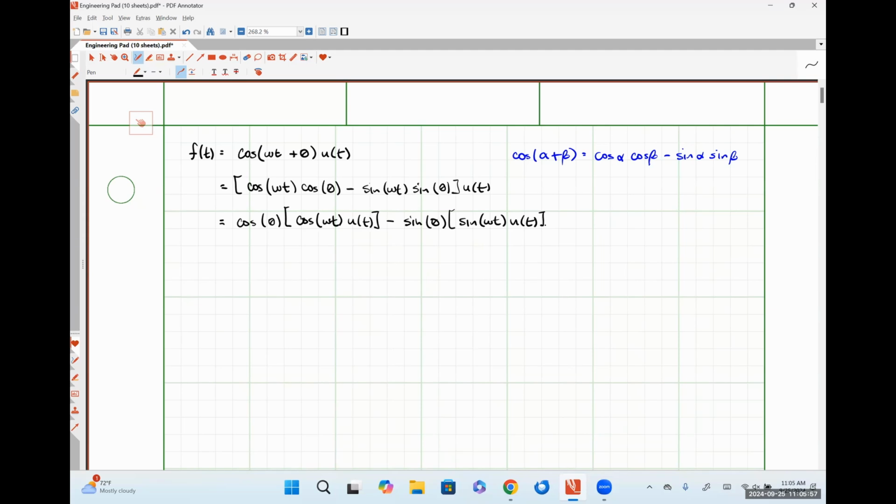And we already know, from the last things that we covered before we left on Monday, what the Laplace transform of this thing in the brackets is, and what the Laplace transform of this thing in the brackets is.